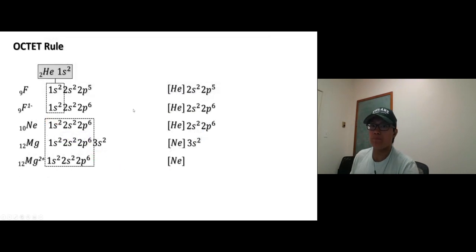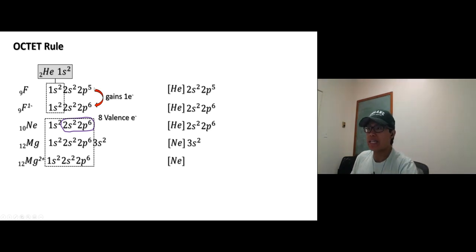All right. So if you use the octet rule, neon has 8 valence electrons. See that? So neon is an inert gas, so full. Fluorine, the valence shell has 7 electrons total. To become stable like neon, it gains 1 more electron. That's the reason why fluorine would love to gain 1 electron, just 1, not 2, not 3.